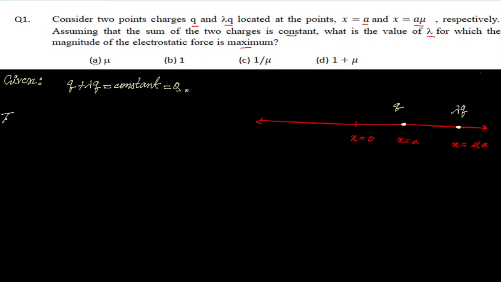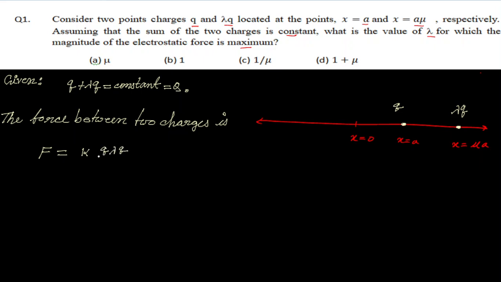F is equal to the Coulomb constant k times the product of the two charges, q into lambda q, divided by the square of the distance between them.